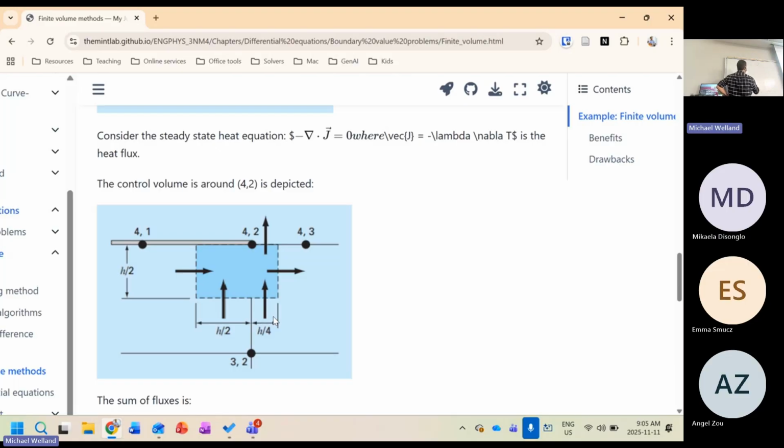For this guy, the equations that belong to this is the entire thing. So this is h over 2 from here to here. This guy all the way down here is h. This guy, though, is only 3 over 4 h, because you get h over 2 from here, and h over 4 from here. And then this guy again is h here.